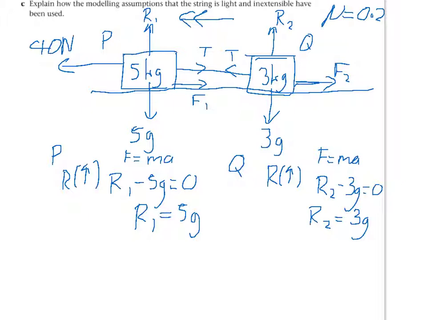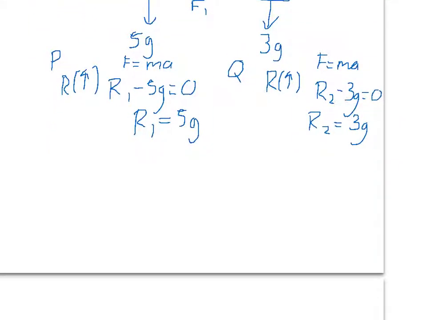We know what our normal reaction is, so we can find out what the friction max is for P and Q by multiplying them both by 0.2. And as we're going to combine them as one whole particle, we're not going to have to worry about the tensions in the middle.